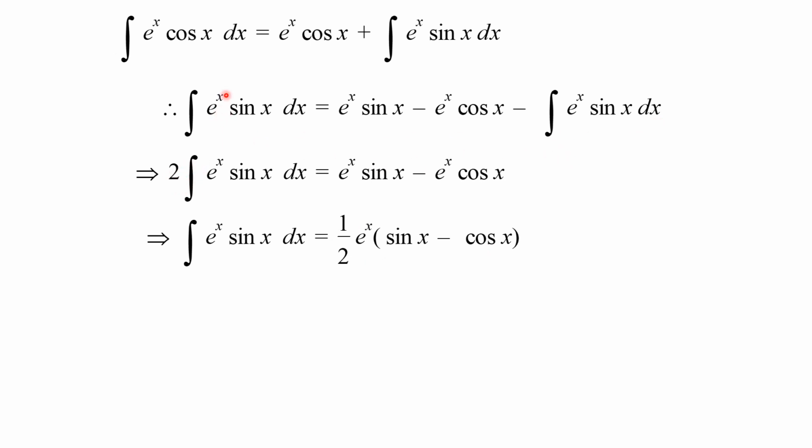So it's like as if 1 plus another 1. When you move it, this becomes plus, right? So the terms are similar, so it becomes 2 multiplied by the integration of e to the power of x sin x dx, and then this right hand side remains over here. So if you realize, the original question was just the integration of e to the power of x sin x dx, so this 2 here, you can bring it over to the right in order to get the answer.